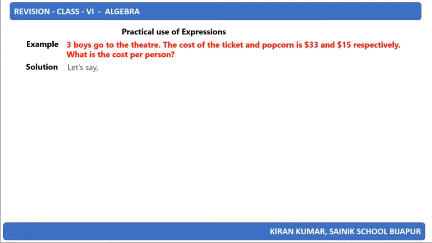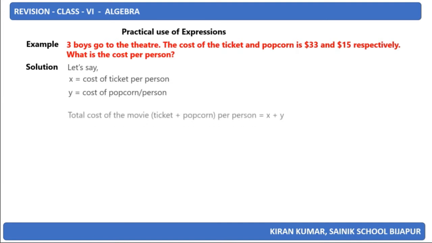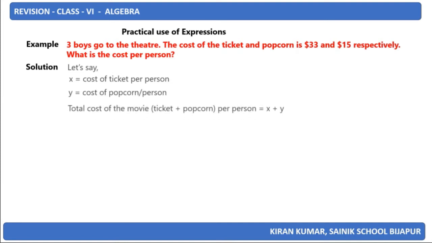Let's say x be the cost of the ticket per person, y be the cost of popcorn per person. The total cost of the movie will be the ticket plus the popcorn per person, that will be x plus y. Since there are 3 boys, it will be 3 times (x plus y).